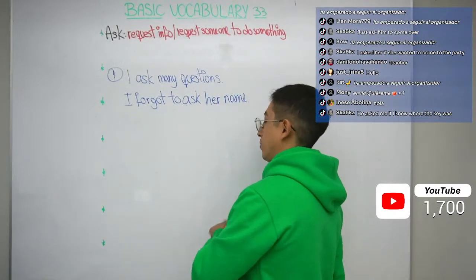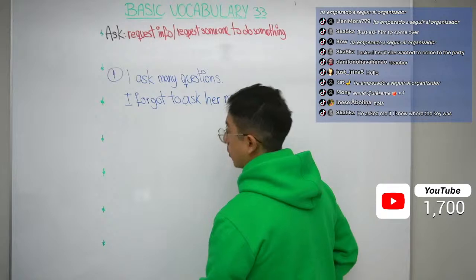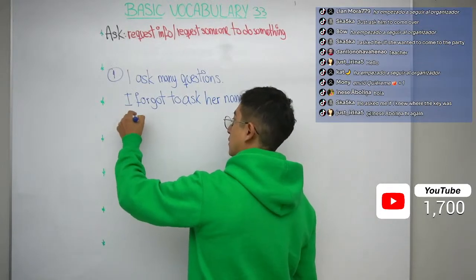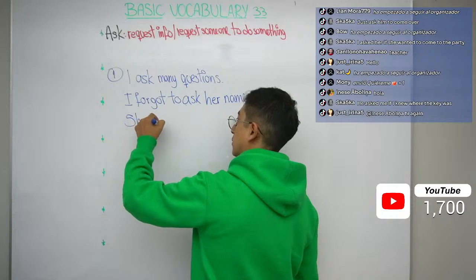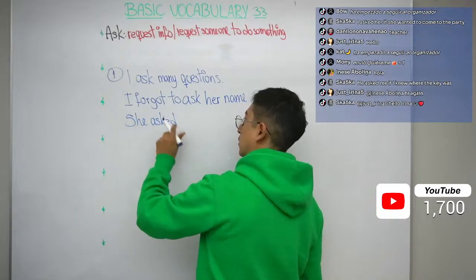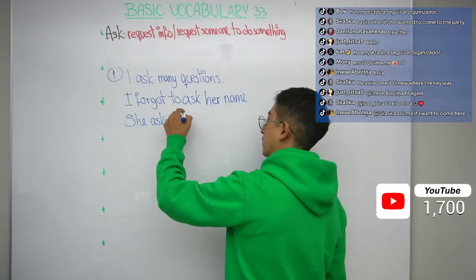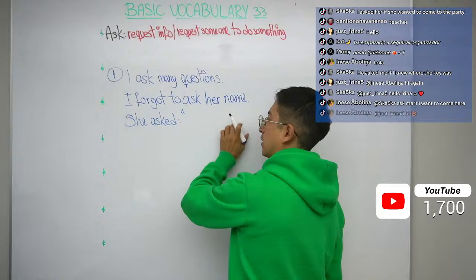Now, what else? What else? We can use this in reported speech too. For example, she asked, okay, she asked, number one, and we can put here the question.